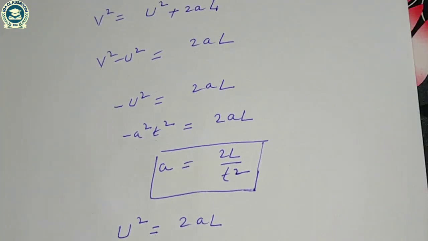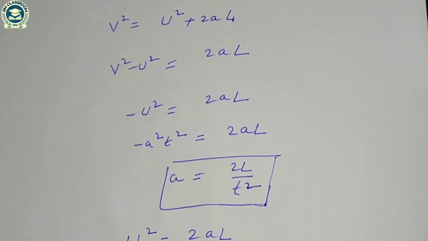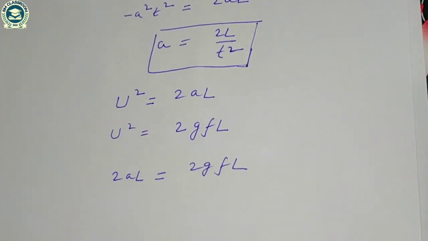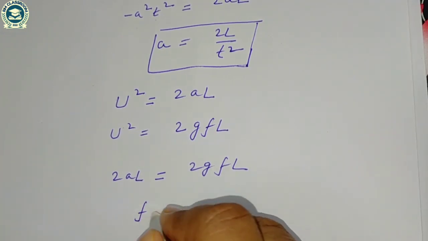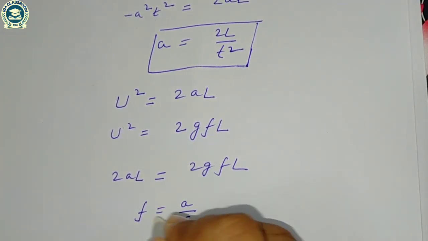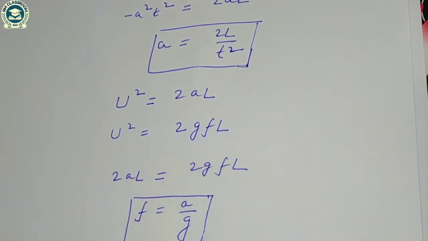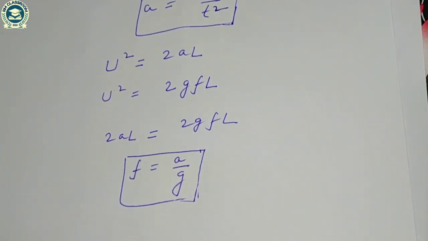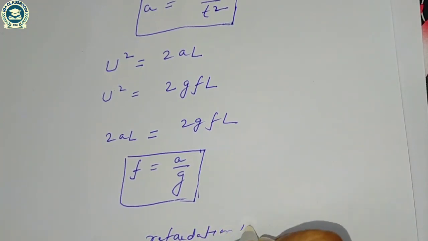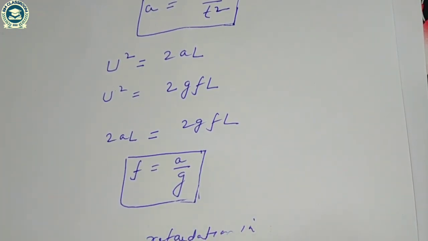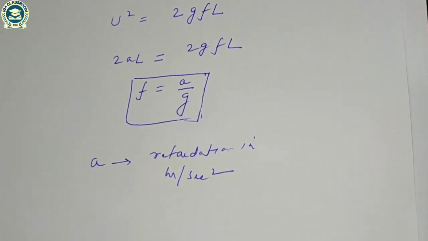So we can write F is equal to a by g. So coefficient of longitudinal friction can be written as a by g, where a is the retardation in meter per second square.